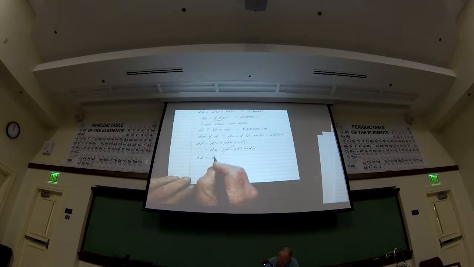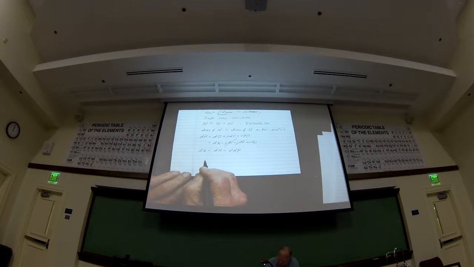And we see that dq at constant pressure is dH minus 0, or just dH. And that q at constant pressure is the integral of dH.